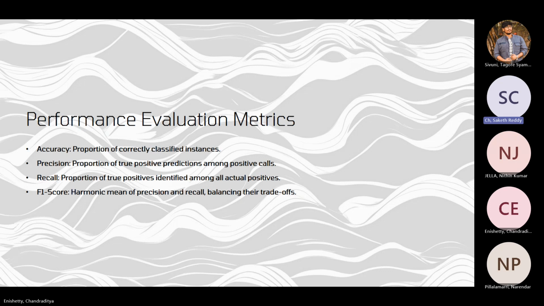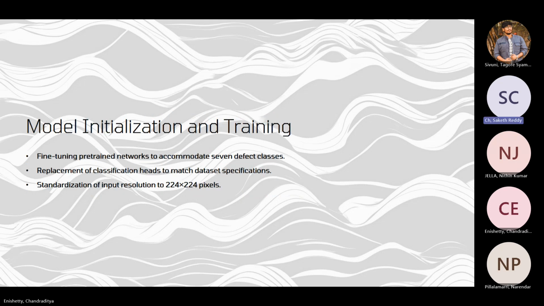Next is recall, the proportion of positives identified among all actual positives. And finally, F1 score, the harmonic mean of precision and recall, balancing their trade-off. Next slide, please.